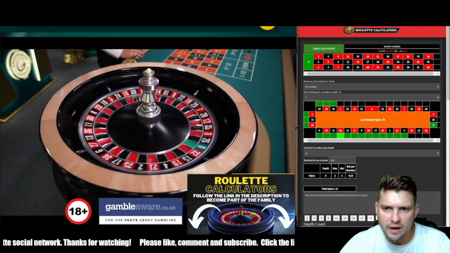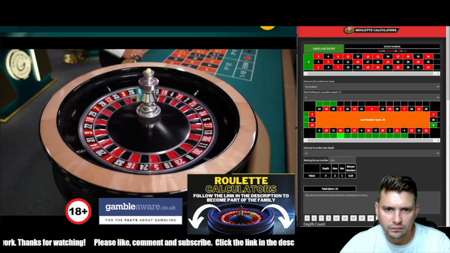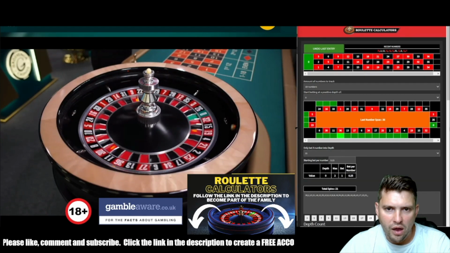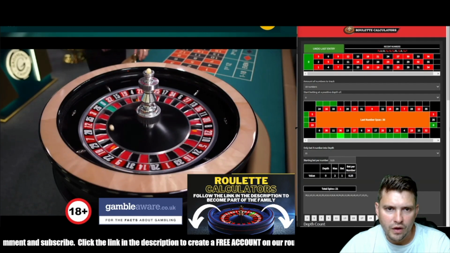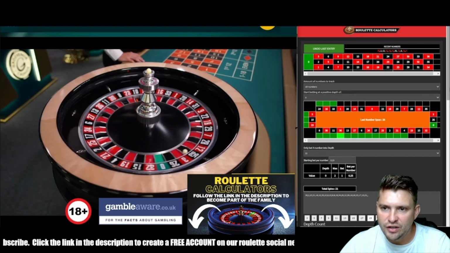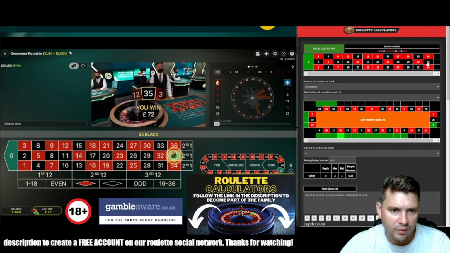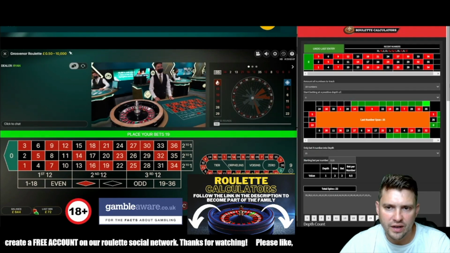Let's see if he's right. Looks like an absolutely superb call. Unhighlighted zone it is. £72 win. He's at 644 now, so very good.